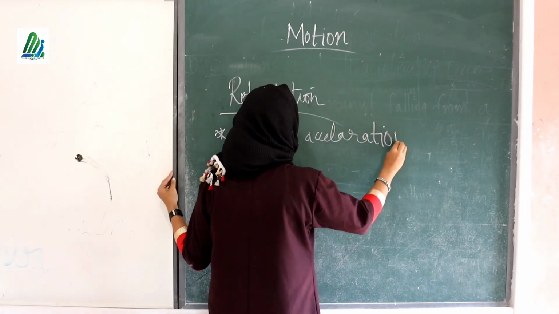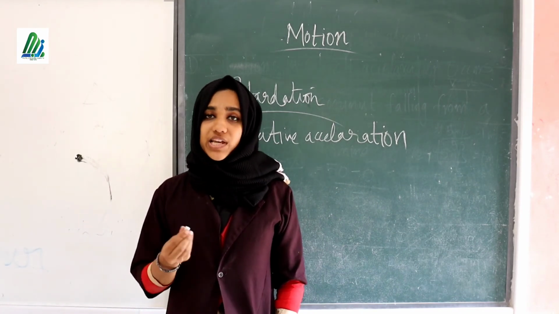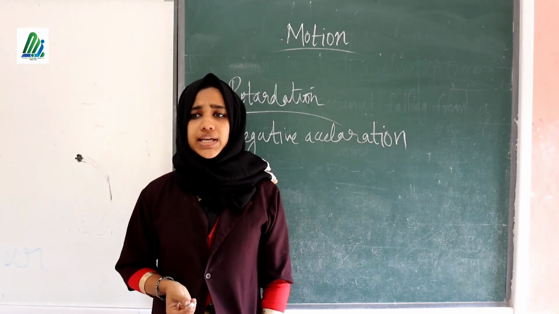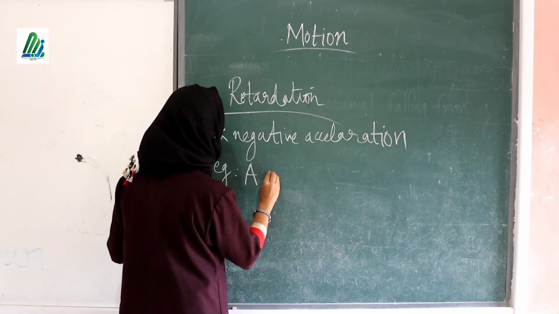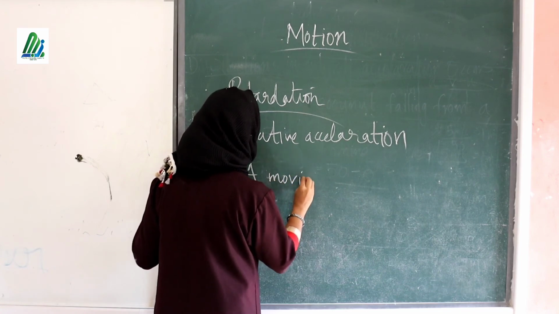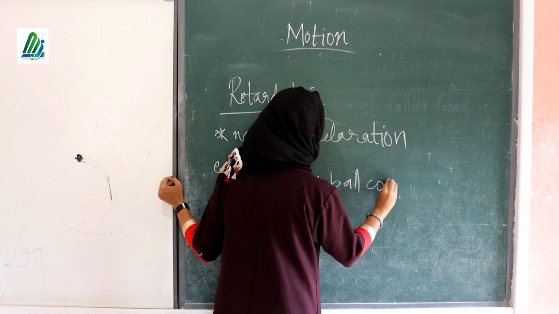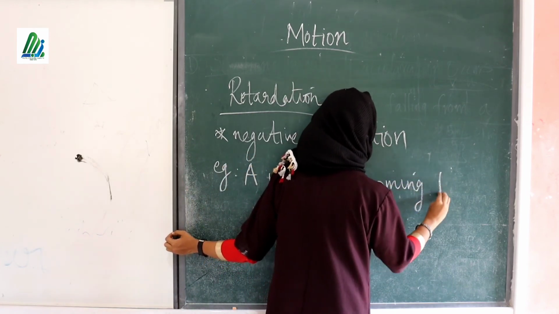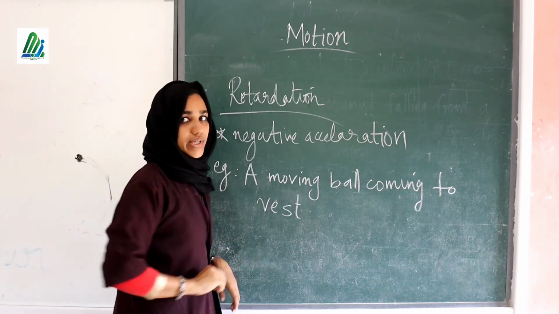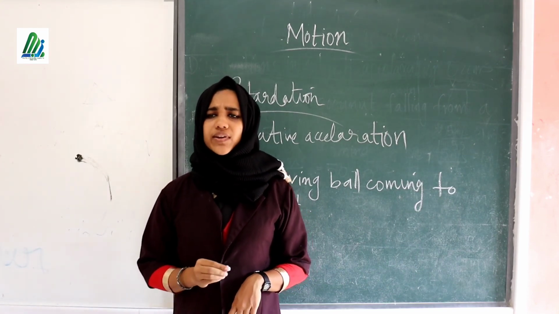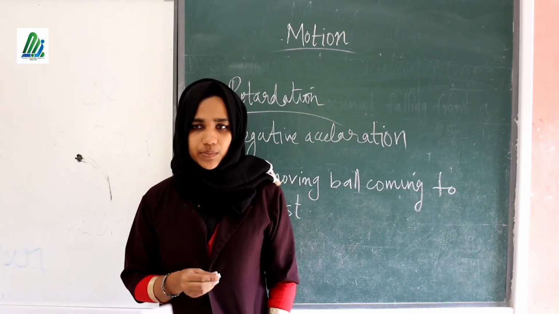The unit of retardation is also meter per second square. For example, a moving ball coming to rest is an example for retardation. Suppose when you are traveling in a car, the velocity of the car decreases when we apply the brake.